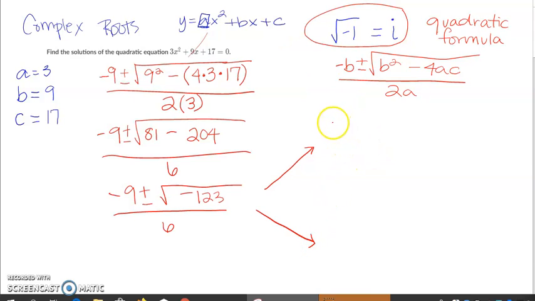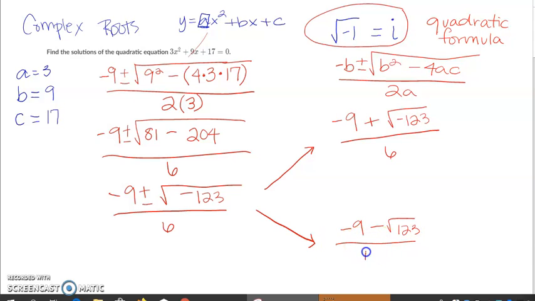And we can split this into two different things by rewriting it and putting the plus on one of them and the minus on the other. So up here, we're going to do negative 9 plus the square root of negative 123 over 6. And down here, I'm going to do negative 9 minus the square root of 123 all over 6.